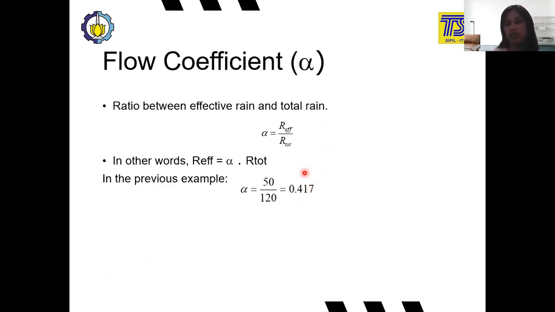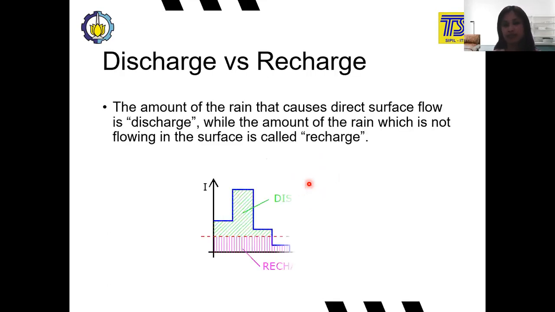So we got 0.417 as the flow coefficient. So 41% of the rain is becoming the surface runoff, which is flowing above the soil, and the other part of the rain is going into the soil, infiltrating.